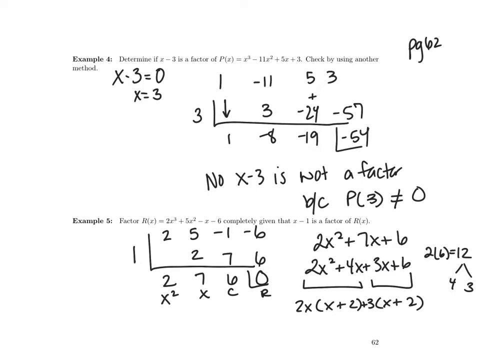Your factor should match, so this factors 2x plus 3, x plus 2, and then you include the factor from the beginning, x minus 1. So this is the factored form, and those factors could be in any order. So you could have x plus 1 first, then x plus 2, so they can be in any arrangement.